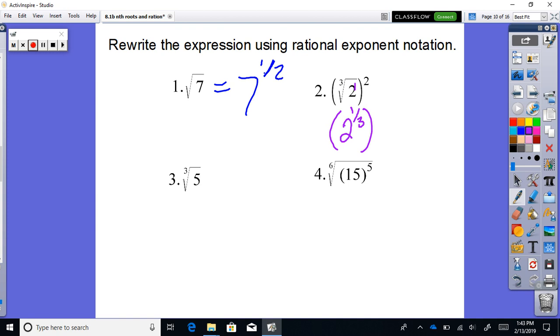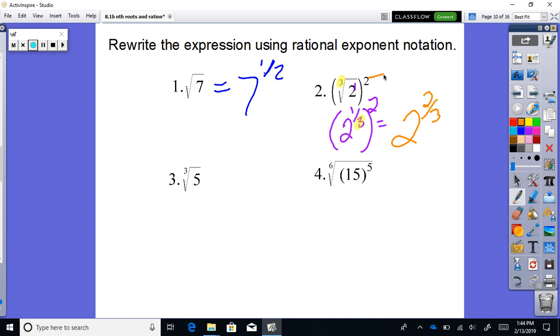So the root, the radical, always goes in the denominator. And then that's squared. And then remember, if you have a power raised to a power, you multiply the exponents. So 1/3 times 2 is going to be 2/3. So really this is 2 to the 2/3 power.